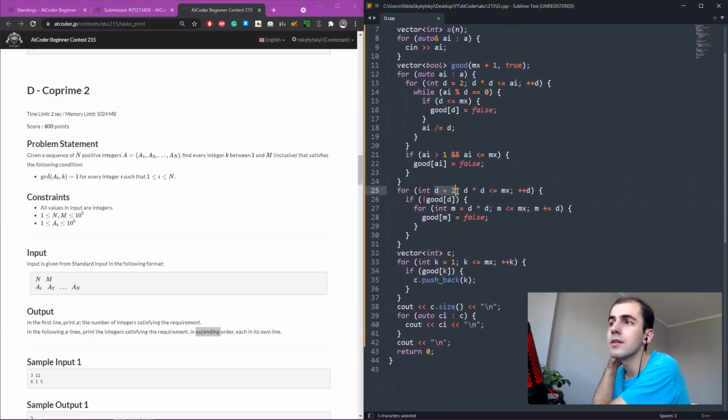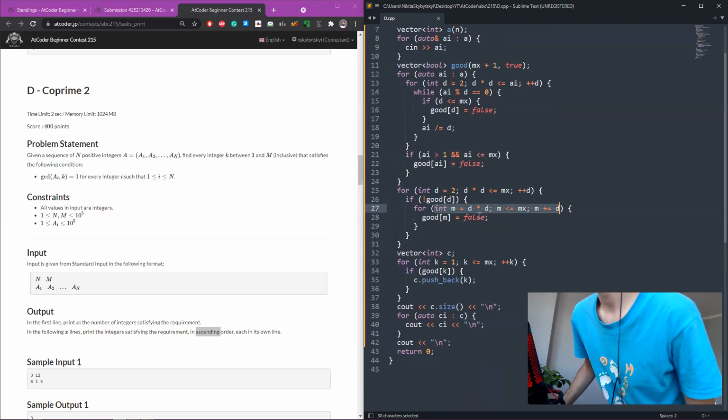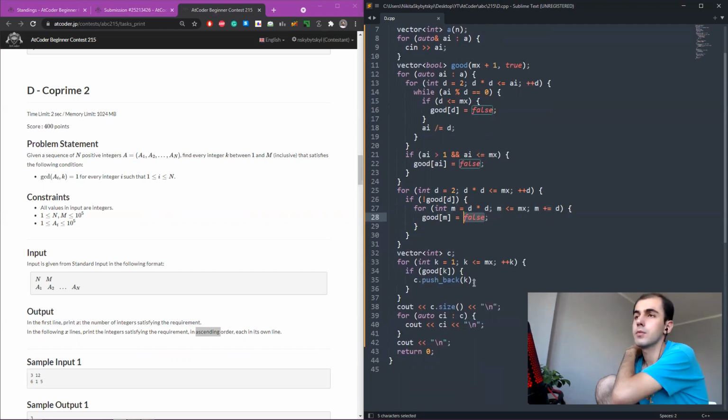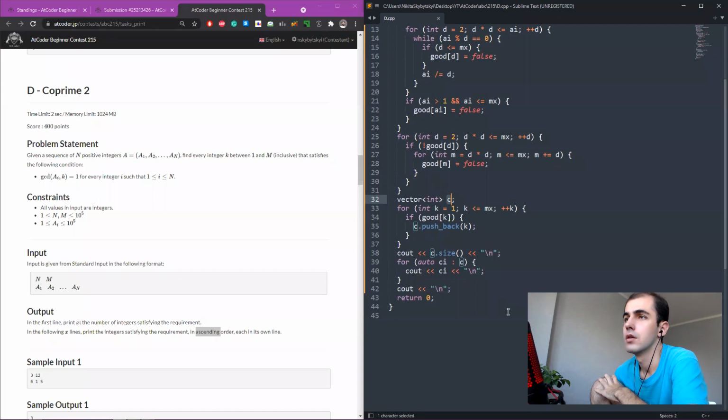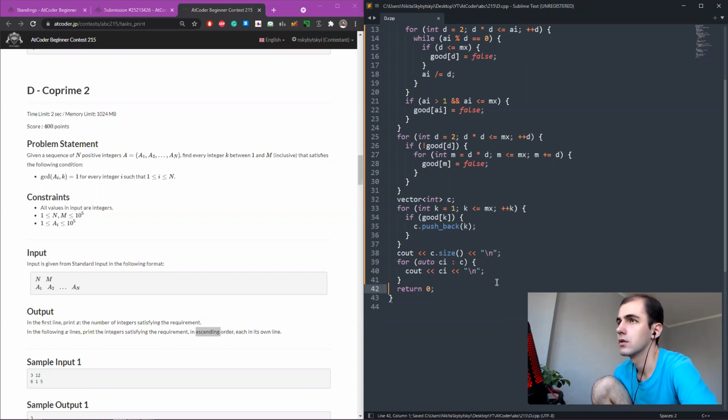And loop over all divisors. They are not good. Then we propagate those bad values forwards. Say that this is not good as well. Then we just loop over all possible values. That is not necessary, but whatever.